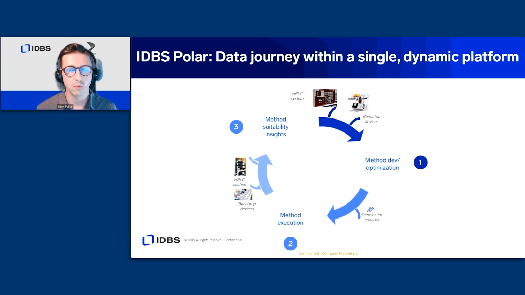Looking at the data journey around the lab loop and applying that within IDBS Polar to our method development, optimization, and execution. Here you can see as that lab loop moves around from developing our method, so designing our method, choosing certain critical process parameters that we'd like to monitor and control, optimizing that method to ensure we're getting the best out of it for reproducibility, to ensure that we are able to validate that method also, executing on that method with some known samples, and then with some unknown samples, of course, using our calibration curve to perform a linearity assay.